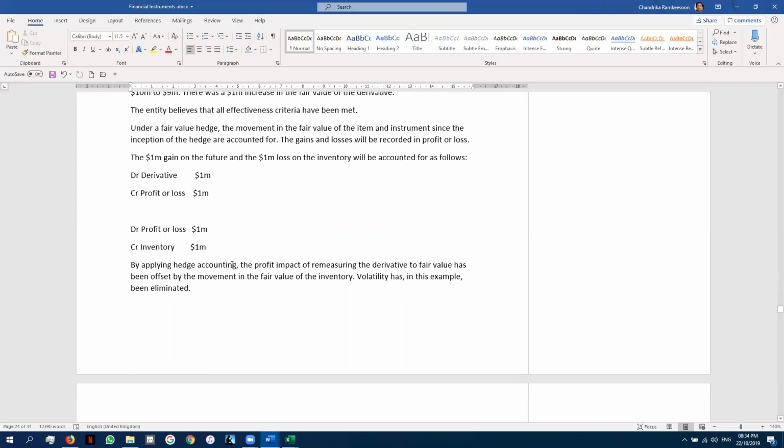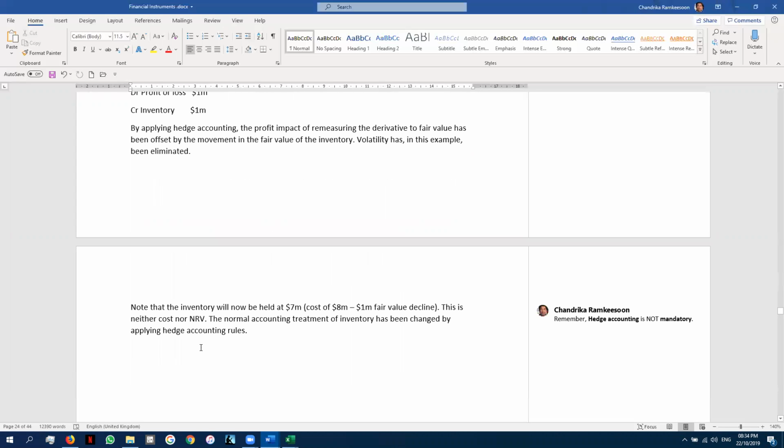By applying hedge accounting, the profit impact of remeasuring the derivative has been offset by the movement in fair value of the inventory. Volatility in this case has been eliminated. Note, and this is very important, and this would normally be an effect of applying hedge accounting.